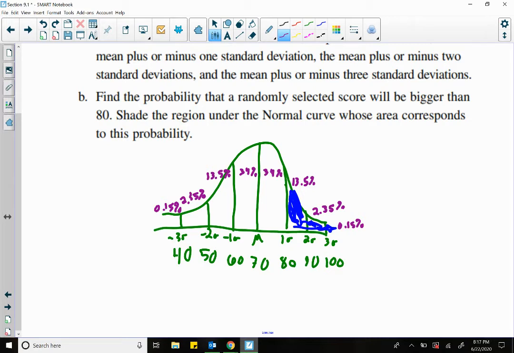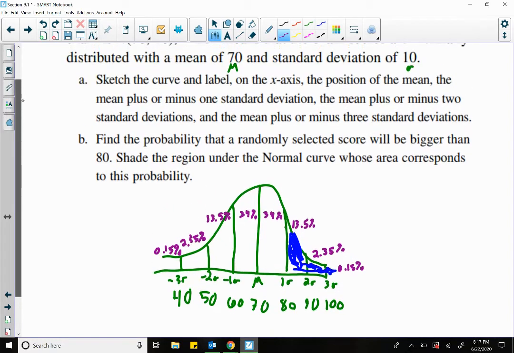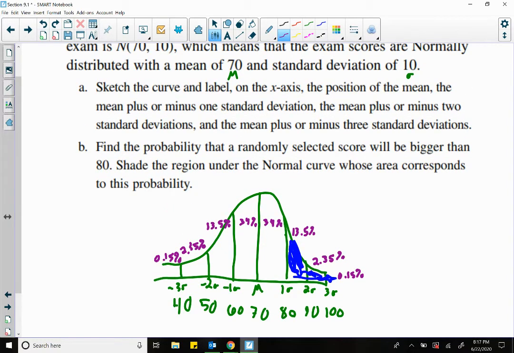So if you want to know what the probability is going to be, just add these three up. You could also go into your calculator or into StatCrunch and calculate the normal, where you put 70 in as your mu, 10 in as the standard deviation.